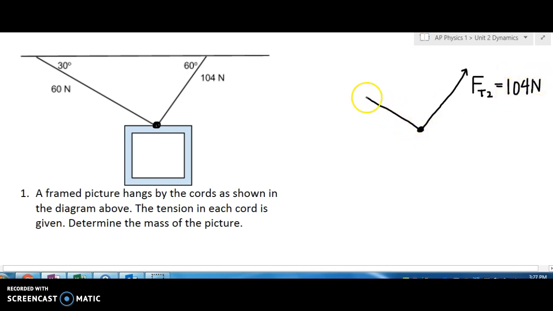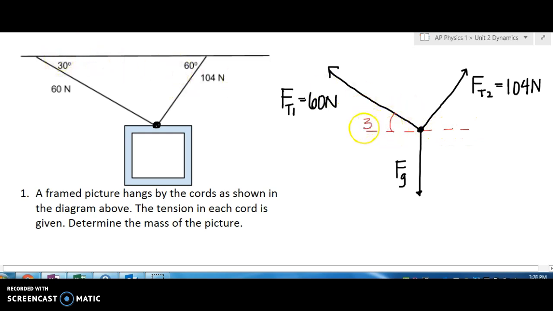Then I've got a lower angle force here, force tension 1, and it's equal to 60 newtons. And then there's a weight, and I'm just going to label it as F sub G. You can label it as M times G if you want to. That's fine. Okay. And then if this is the x-axis, which is parallel to the ceiling, then this is 30 degrees here, and this is 60 degrees here.